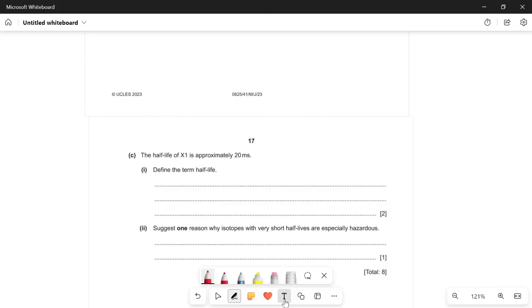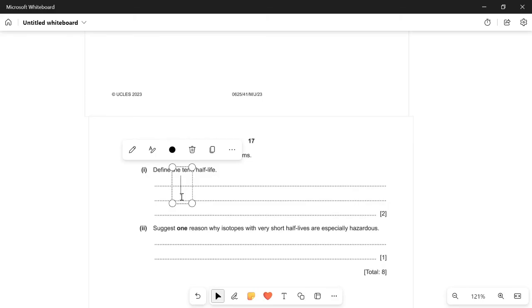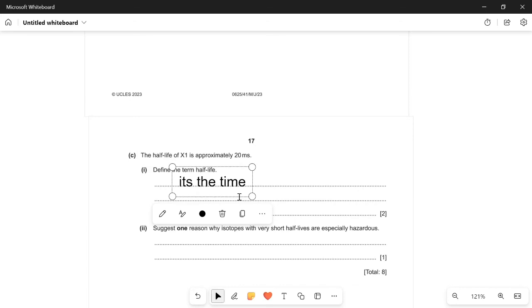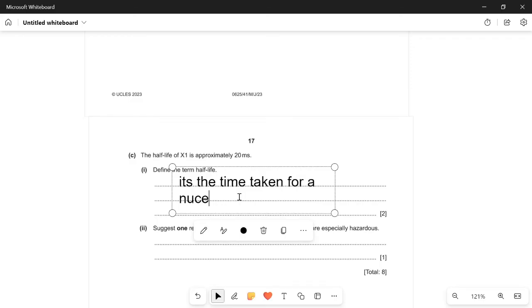So half-life is basically the time taken for a nucleus to half, or for the mass to be half of the first one.